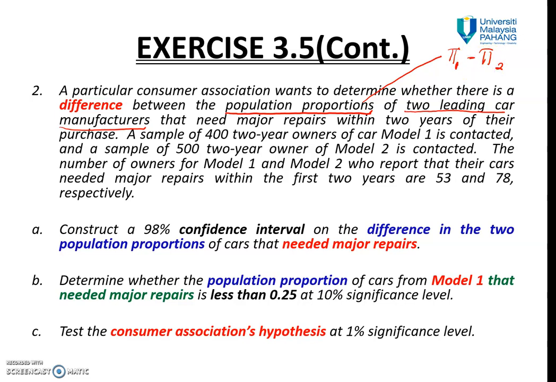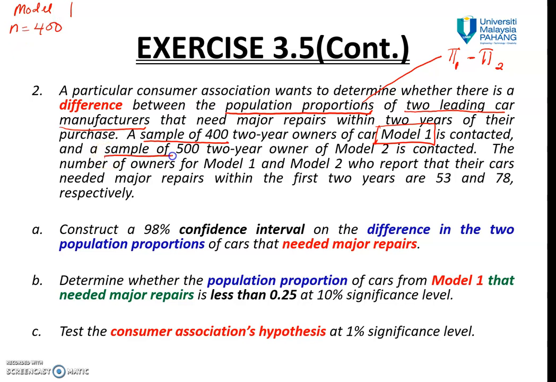Next, a sample of 400 2-year owners of car model 1 is contacted. So that means you have model 1. How many samples? 400.